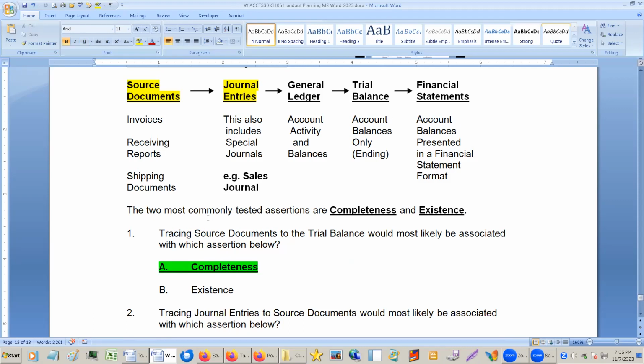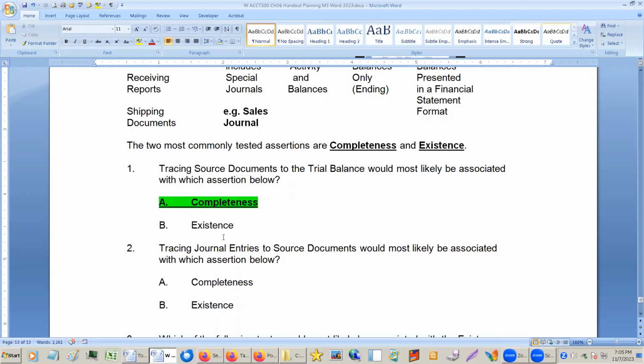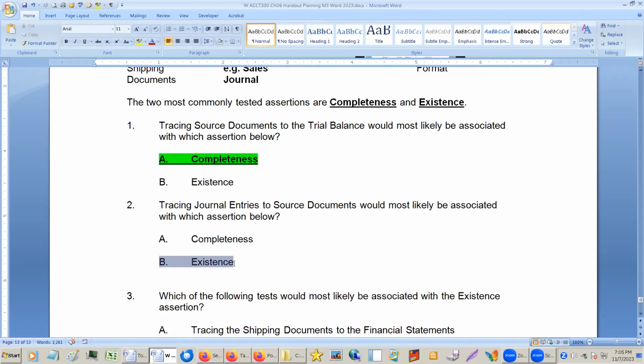Completeness or existence? You want to make sure that these journal entries are valid, right? So if they make a journal entry for whatever it is, a sale, a purchase, whatever it is, you want to make sure that that actually is. They just didn't make up this journal entry. So this is trying to see if it actually exists.